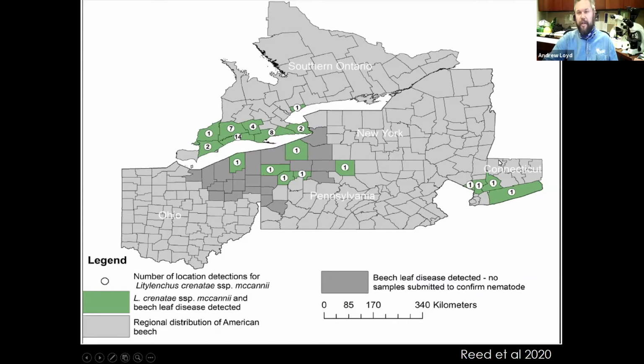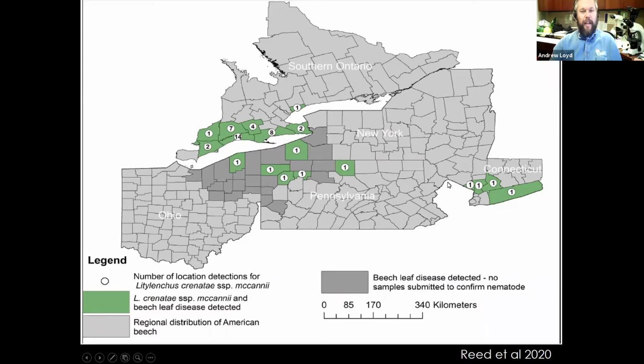And we're really not sure exactly how it spread, how it was originally introduced. And we do think that it is an introduced nematode from Asia, sharing so much genetic and morphological similarity to the nematode described on Japanese beech, although some slightly different. But we think it's introduced. But how is it spreading this far?